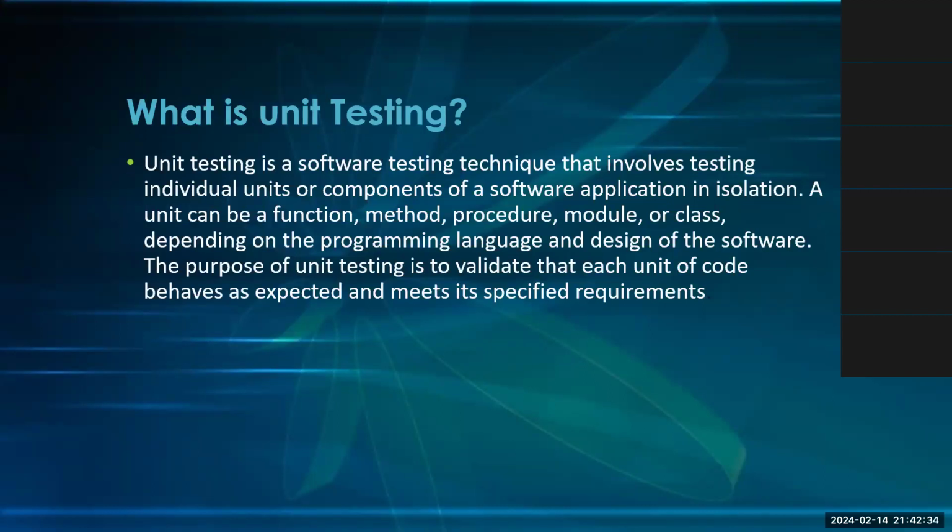In summary, units are put in isolation, practicing an isolation technique. By validating the behavior of each unit through automated testing, developers can build reliable, maintainable and high quality software. Unit testing is mostly done by the developers.